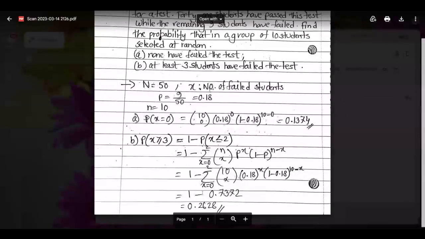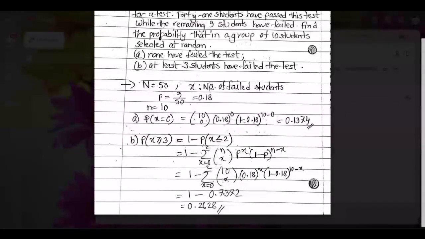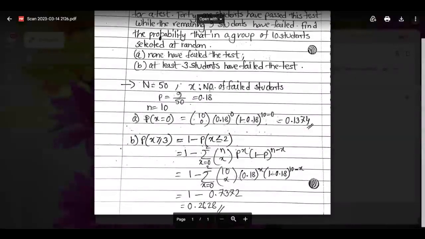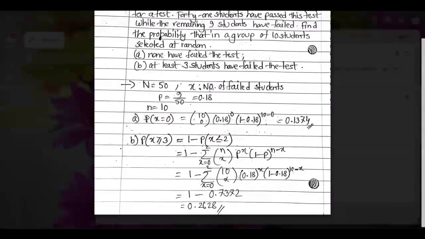Then 1 minus that. So n is 10 here, and for x we put 0 the first time, then add 1, and then 2, and the probability is 0.18. I'll skip that part. We put x equals 0, then x equals 1, then x equals 2, and we add all these terms.